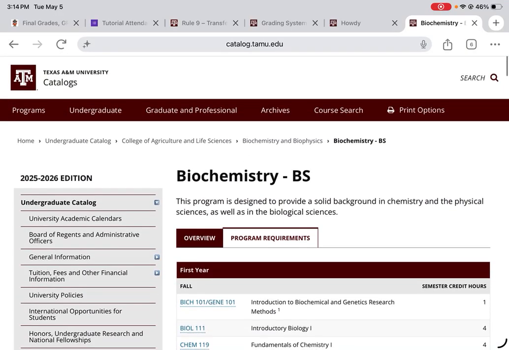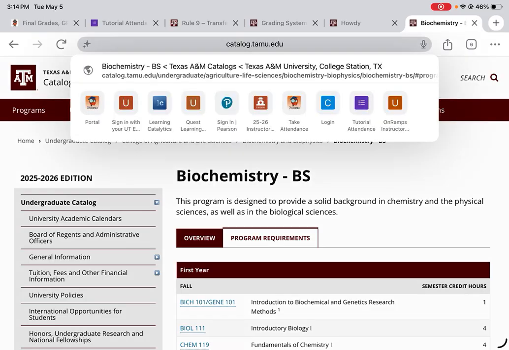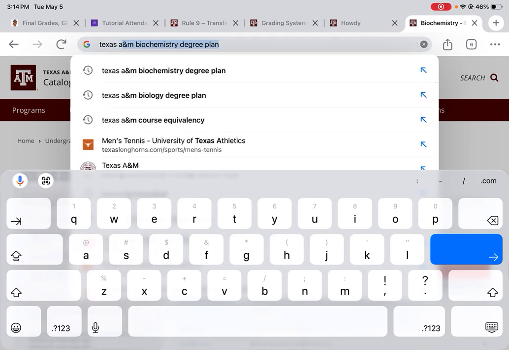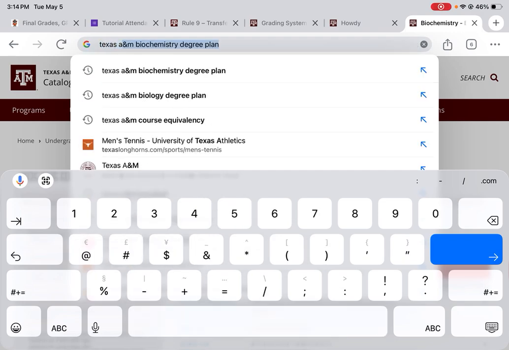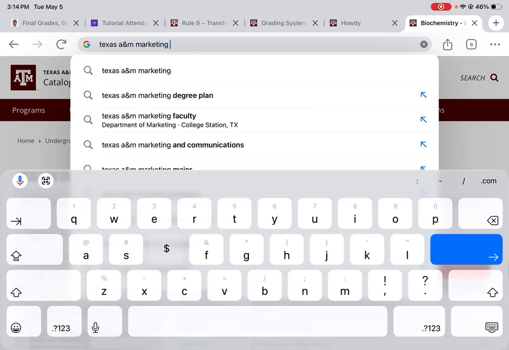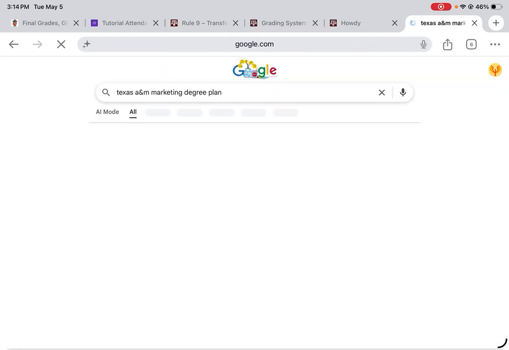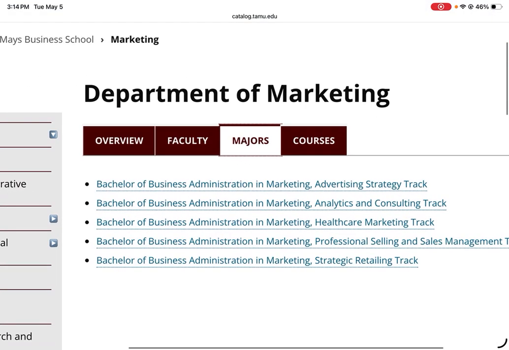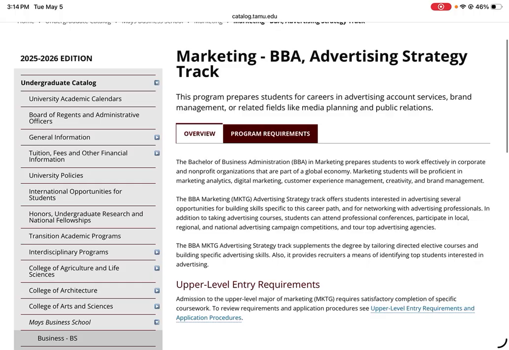Another scenario I've seen is where it's not even in the degree plan, but does count as a core curriculum class. So if I were to major in, I don't know, A&M, they have marketing. I assume they have marketing. Marketing. So majors, let's do advertising strategy. Sure.